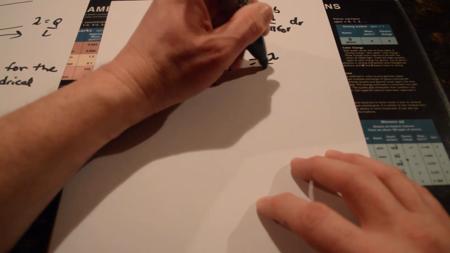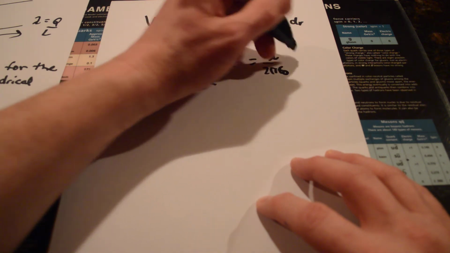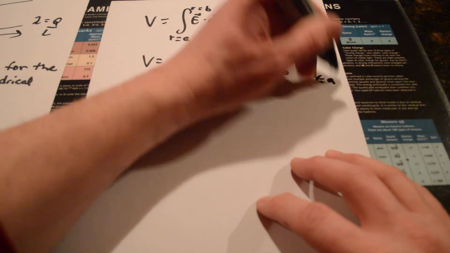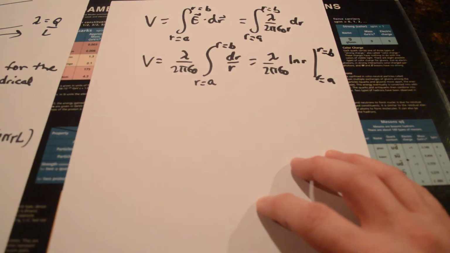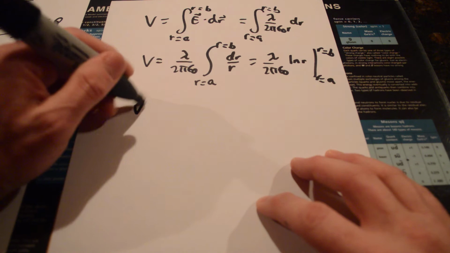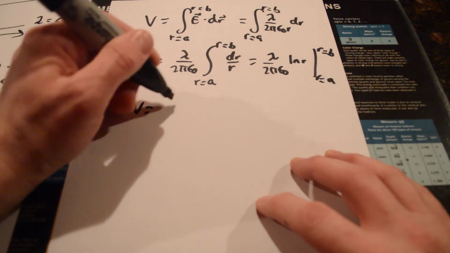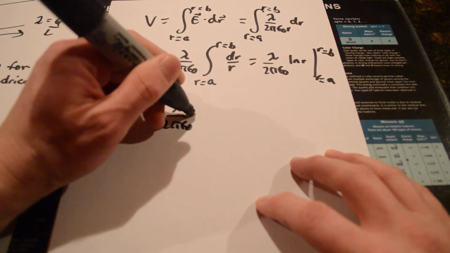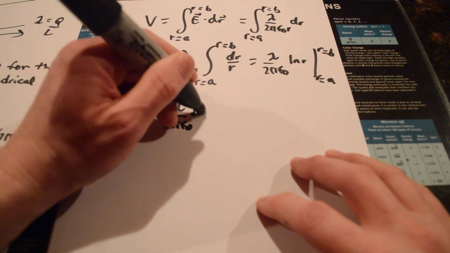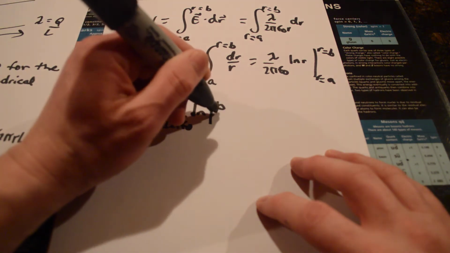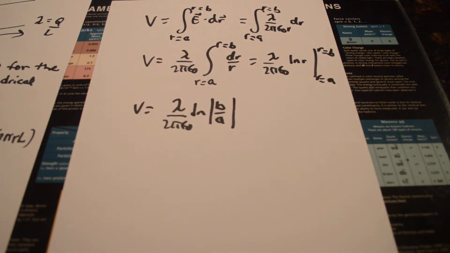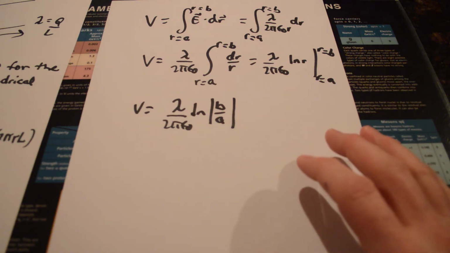So this is lambda over 2 pi epsilon naught times the log of r evaluated from A to B. That's the log of B minus the log of A, which is the log of B over A.